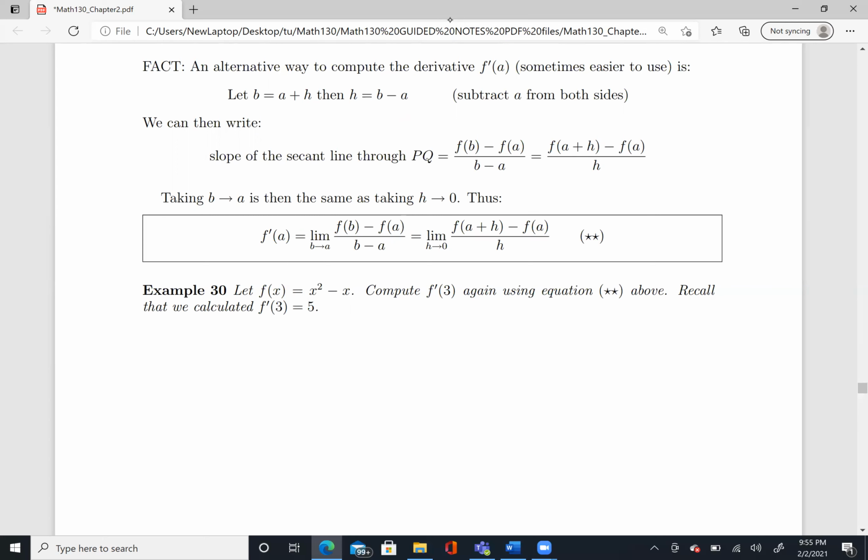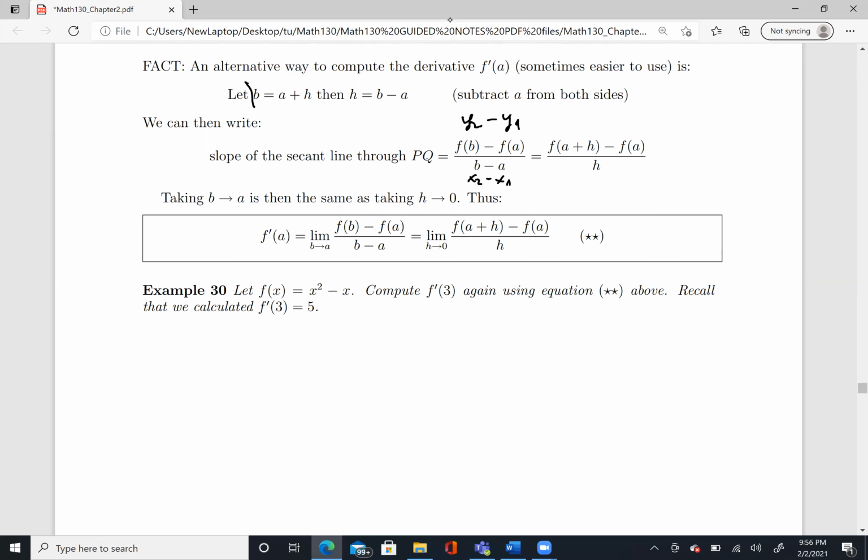Then we can write the slope of the secant line through PQ equal to f of b minus f of a, which is like y2 minus y1, like the formula from the algebra class, right? And then x2 minus x1 over here. See that?